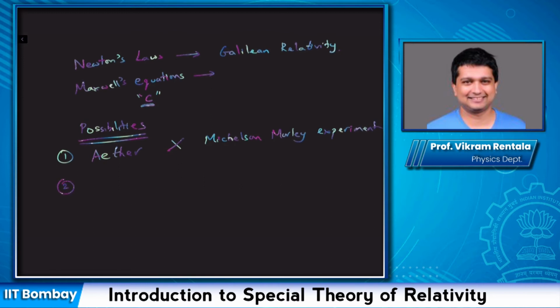A second possibility is maybe Maxwell's equations are just wrong, and maybe they have to be modified to correctly fit with the Galilean relativity principle.